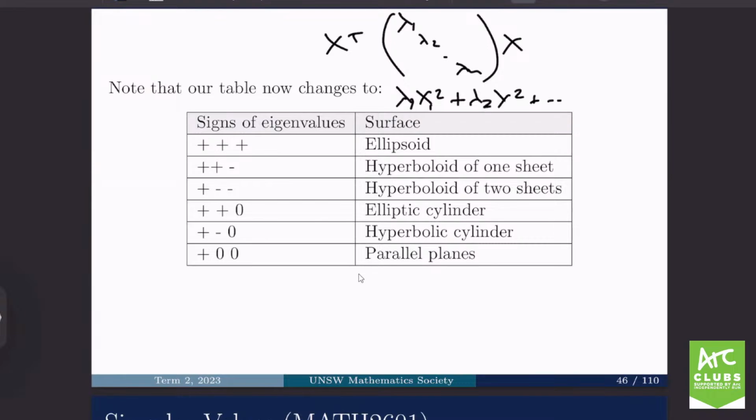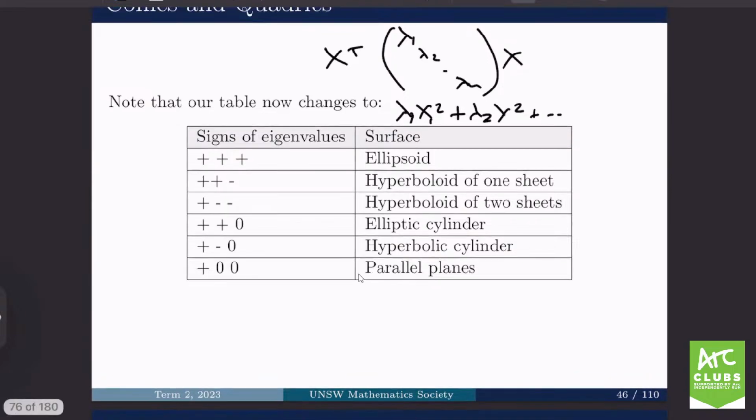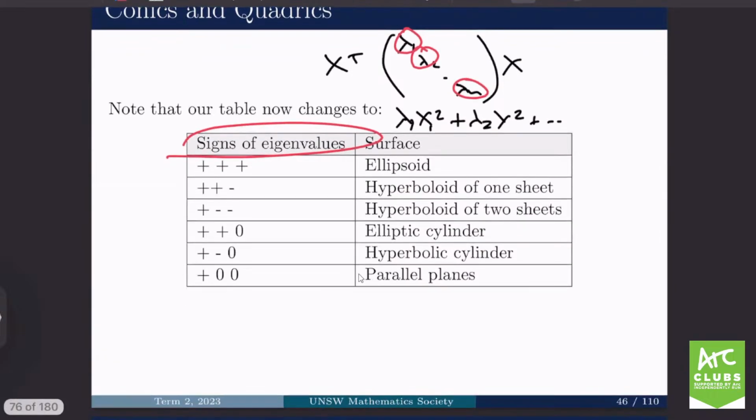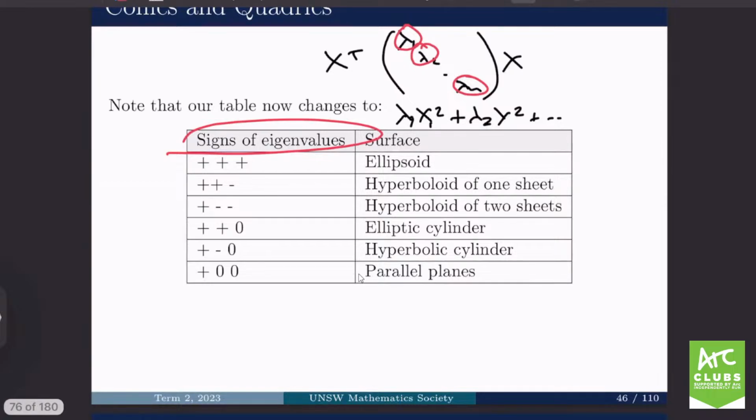So the only thing that's important is actually the signs of the eigenvalues, because we're looking at the signs of these x squared, y squared terms, and if we rewrite it like this, that's just dependent on these diagonal entries. So if we have 3 positive eigenvalues, it's an ellipsoid; 2 positive and 1 negative, it's a hyperboloid of 1 sheet, and so forth. We can use this to identify the surface quickly just by looking at eigenvalues.